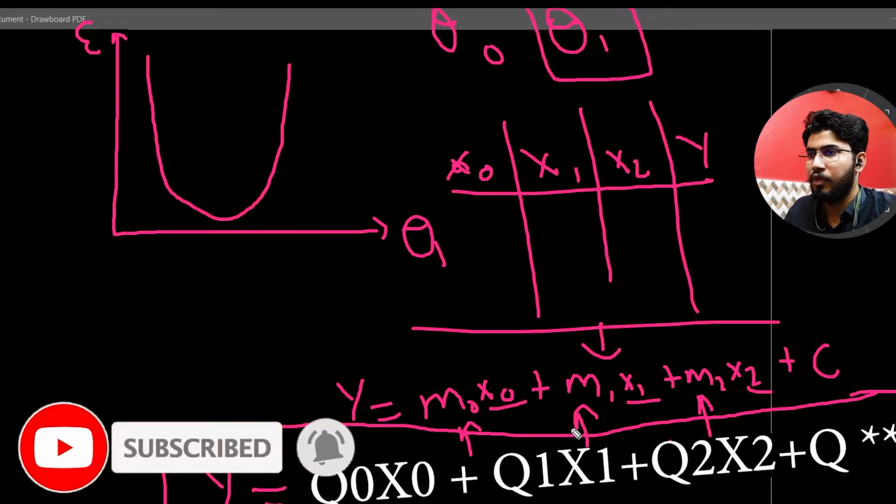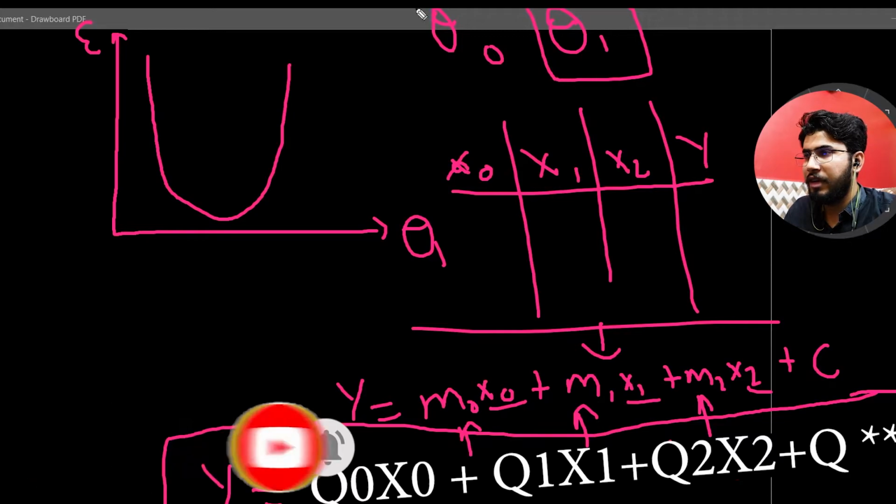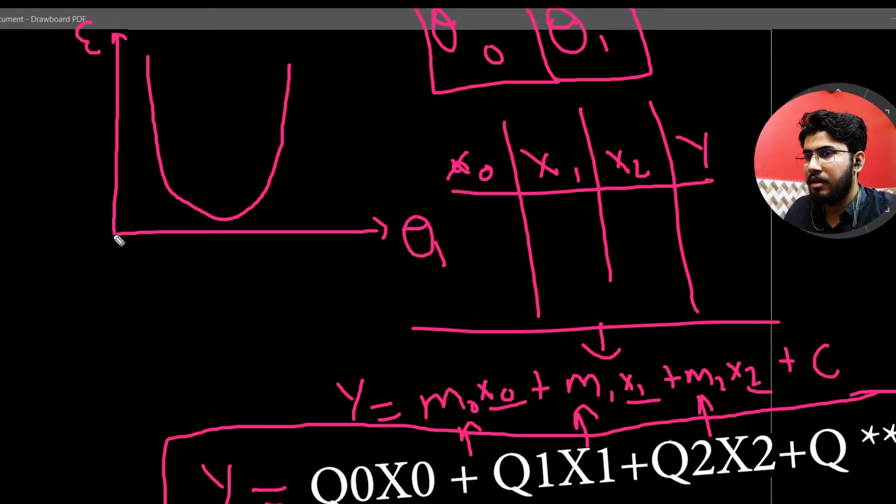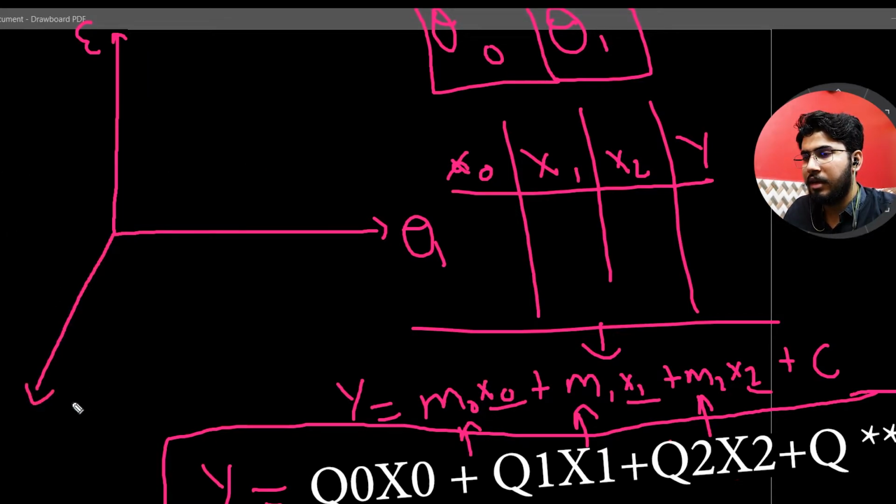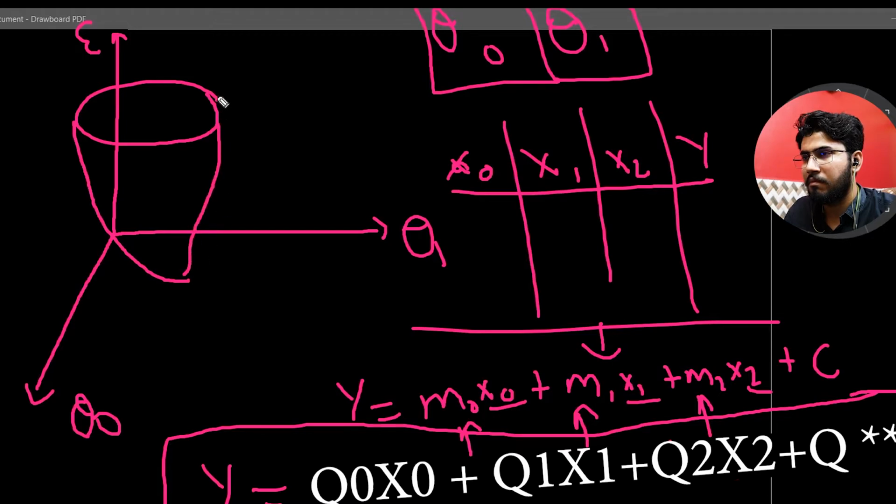It is the same for this. Then we added theta 0, and now we have a 3D plane. The 3D plane was looking something like this. So this will be a ball-like structure.